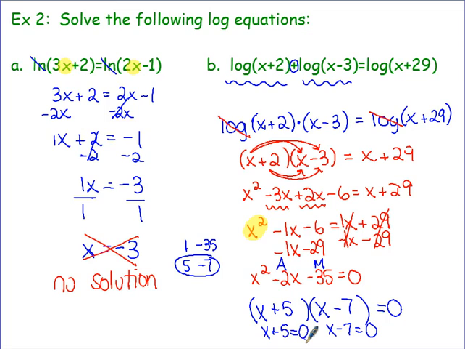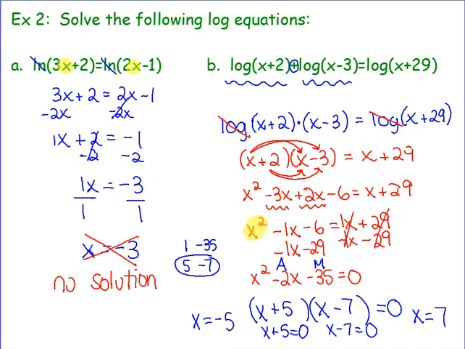So your first possible answer, notice I said possible, is x equals negative 5. Over here, we're going to add 7 to both sides. So my second possible answer is x equals positive 7. Again, possible.